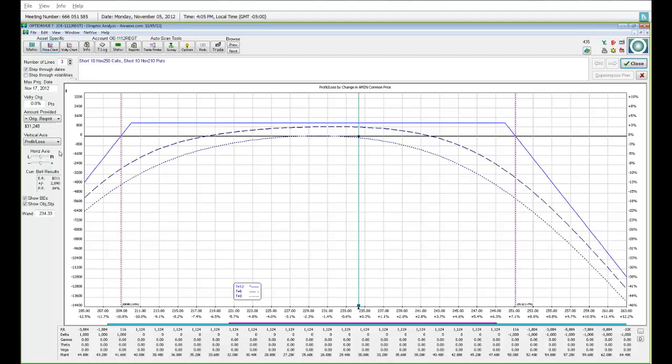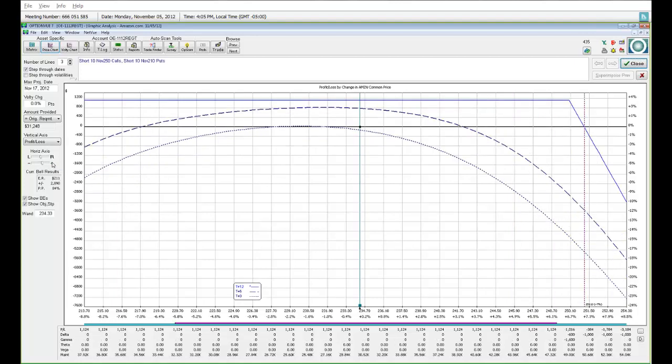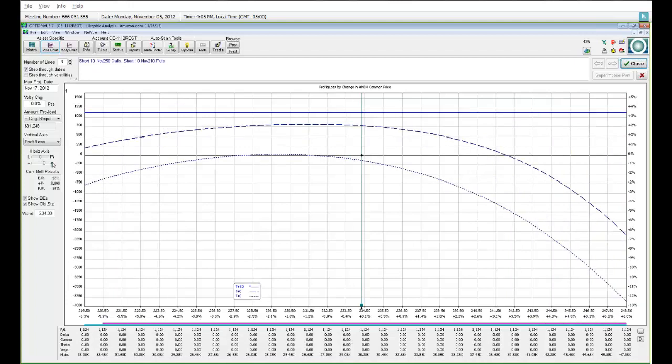I want you guys to look closely at this graph. All right, now, the solid line right here is 0, break even. Everything below it is losing money. Everything above it is making money.